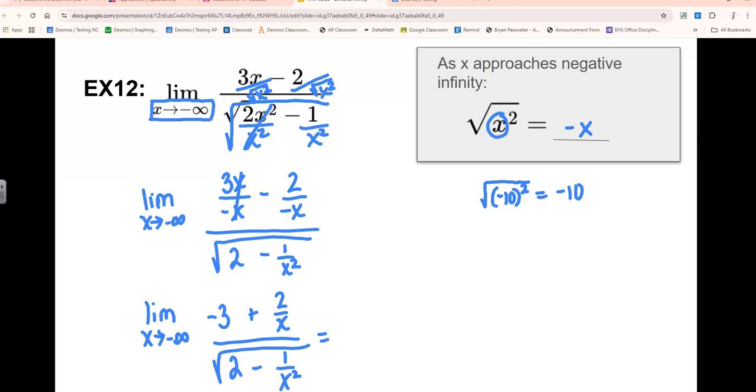And so now if I do the limit of each piece, the limit of negative 3 is negative 3. The limit of 2 over x is 0 because I've got a number divided by x. Then I've got 2 minus 0, and that is going to give me negative 3 over the square root of 2.